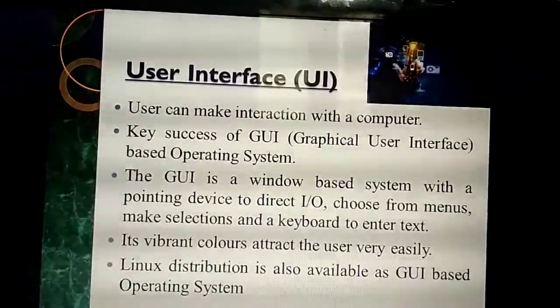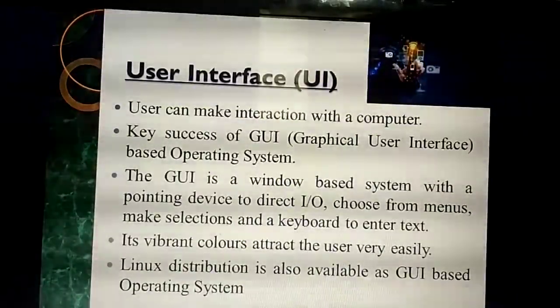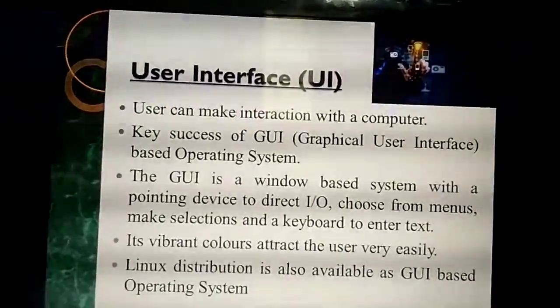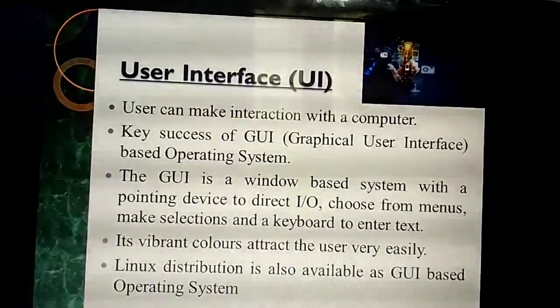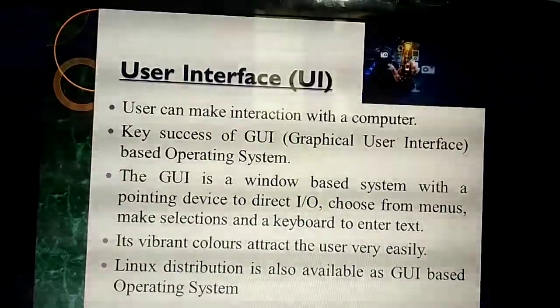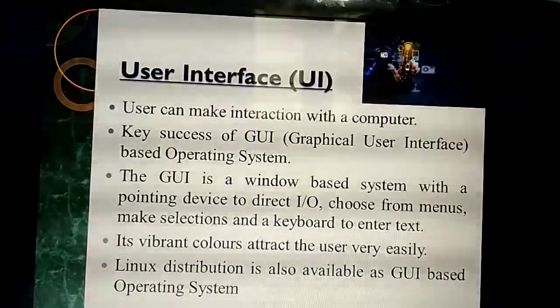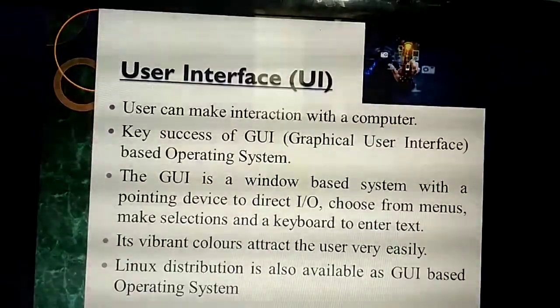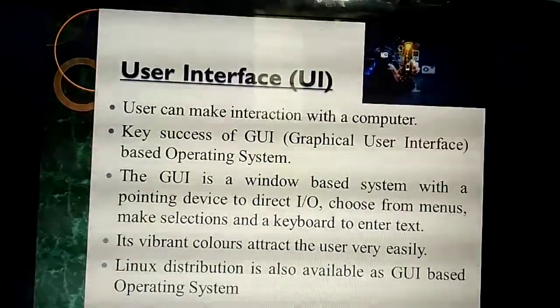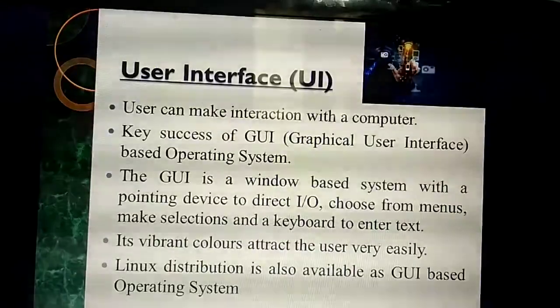Next thing, this user interface always needs to be user friendly. What do you mean by user friendly? For example, you take a calculator you have installed in your mobile phone. What's the use of the calculator? To perform calculations. So for example, you are going to add two big numbers. Simply you type, and immediately you get the result. So you like that calculator.